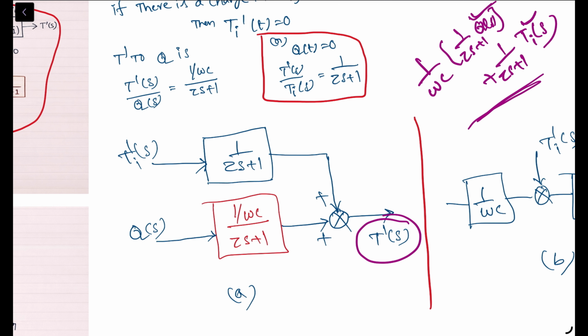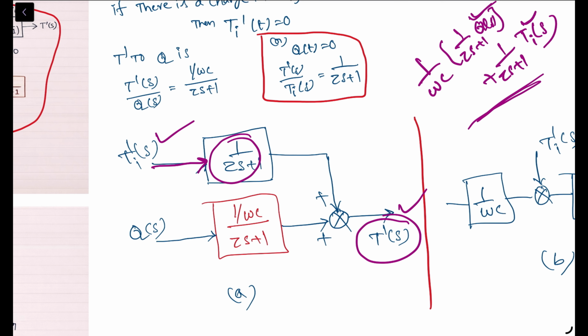Now let's discuss the first path. The first block represents the effect of the inlet temperature, and the transfer function between the inlet temperature and the reactor temperature is 1 by tau S plus 1.